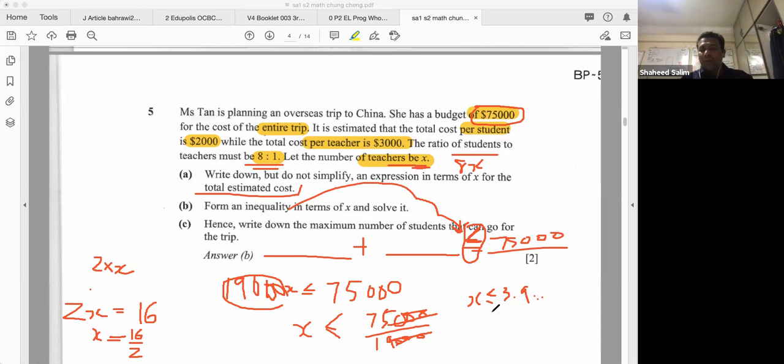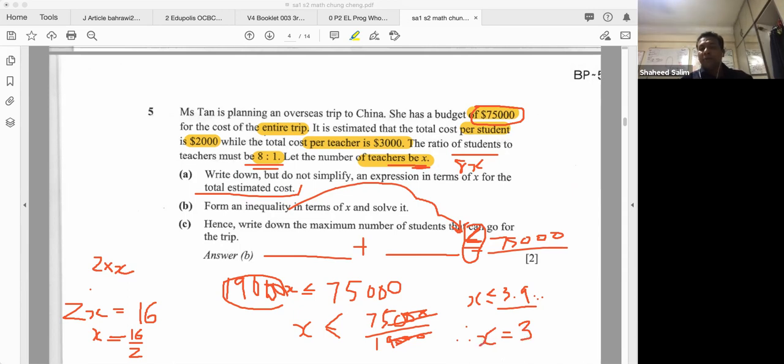So X is smaller than or equal to 3.9. What's the possible answer? X must be 3, because it's smaller than 4, it's smaller than 3 point something. You cannot have 3.9 teachers, right? So the answer is 3 teachers.